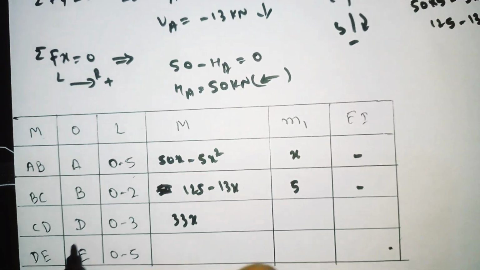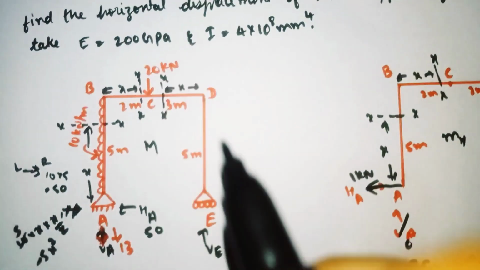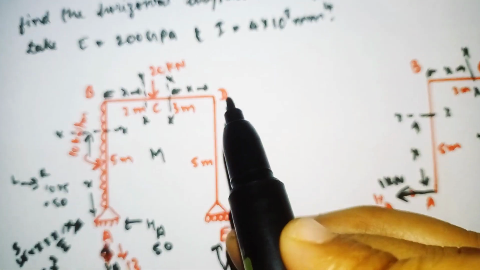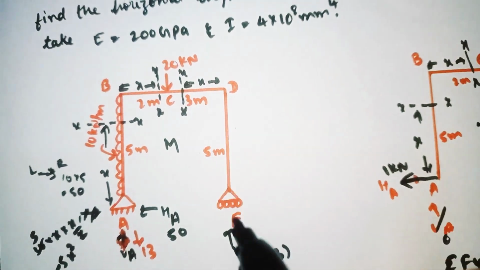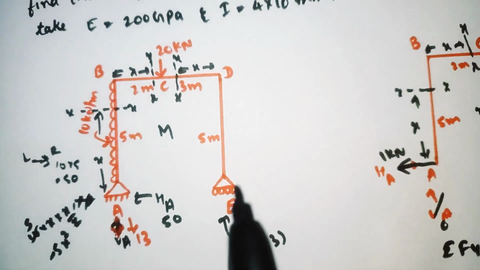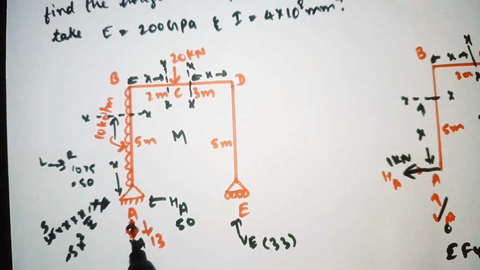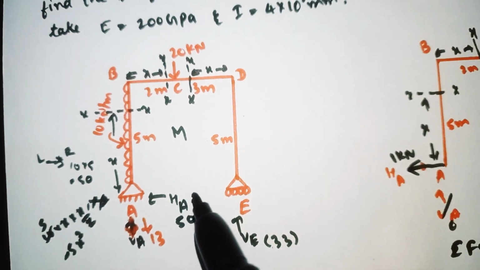See here why for CD I have taken the origin as D. I have taken the origin as D, which means we need to solve from here to here, and here we have only one load at this part. If you take the origin as C, then our section will come here and we need to solve from here to here, so our calculation becomes lengthy.